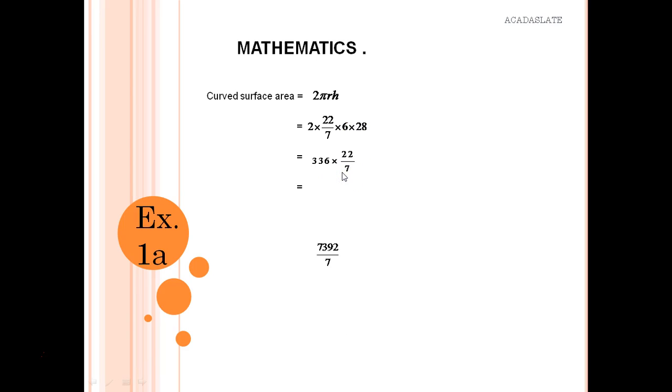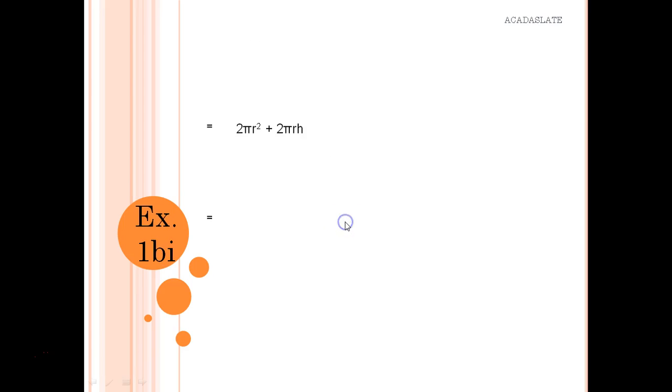Simplifying further, we get 2 times 6 times 28, which is 336, times 22/7, which is equal to 7392/7. And finally, the curved surface area of the cylinder is 1056 cm².